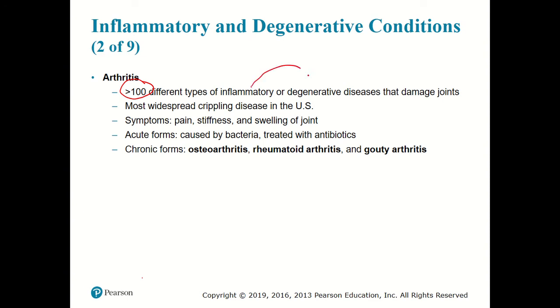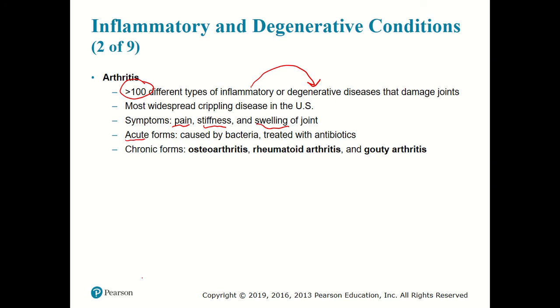Inflammation again leads to degeneration, and that then becomes immobility. Again, what are the symptoms here? Pain, stiffness, swelling of the joint. We see these occurring in arthritis.